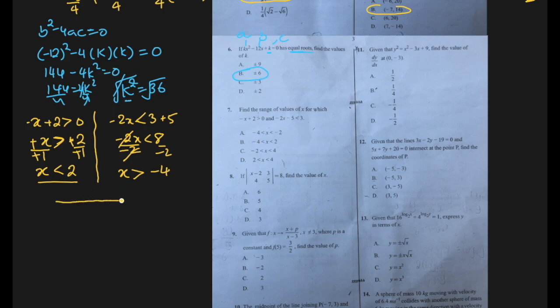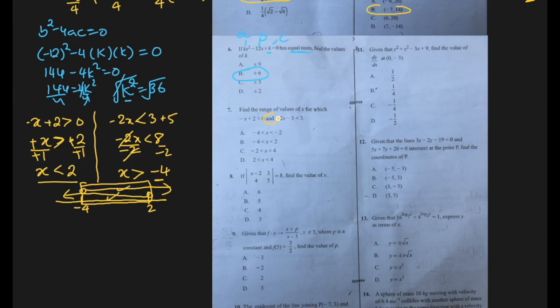So what do we see? We take the help of a number line. Minus 4, suppose it is here, and this is 2, suppose here. This one says x is less than 2, and we have to do it this way. And x is greater than negative 4. So the area between minus 4 and 2 is where both of them are true, because they are saying and.